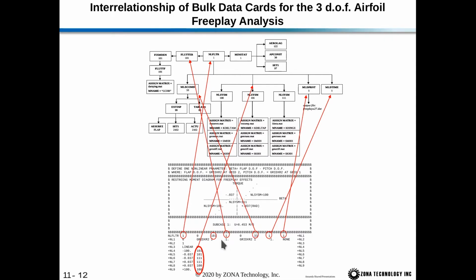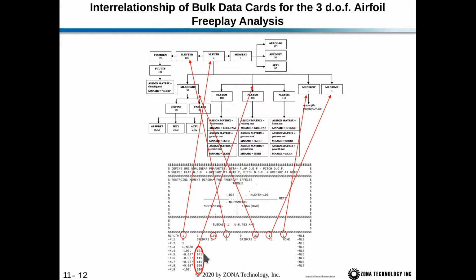That's our nonlinear parameter. Now we split our nonlinear parameter region into 3 sublinear regions. Between -100 and -0.037, this is in radians, so that's 2.12 degrees, we refer to nonlinear system matrix 101. When we're in this region, we'll interpolate between system matrix 101 and 101.